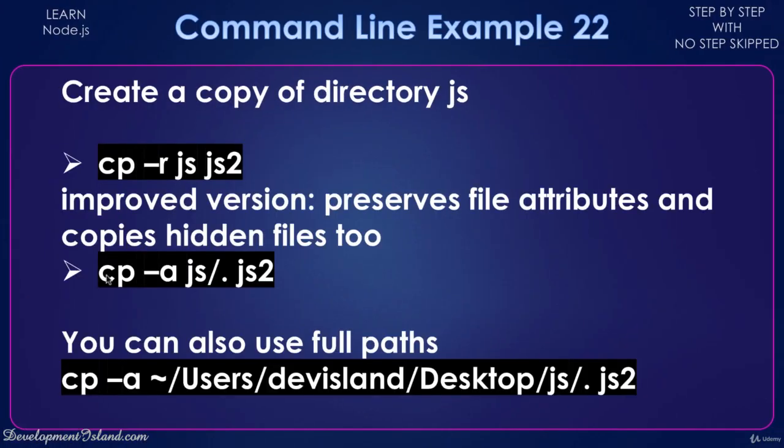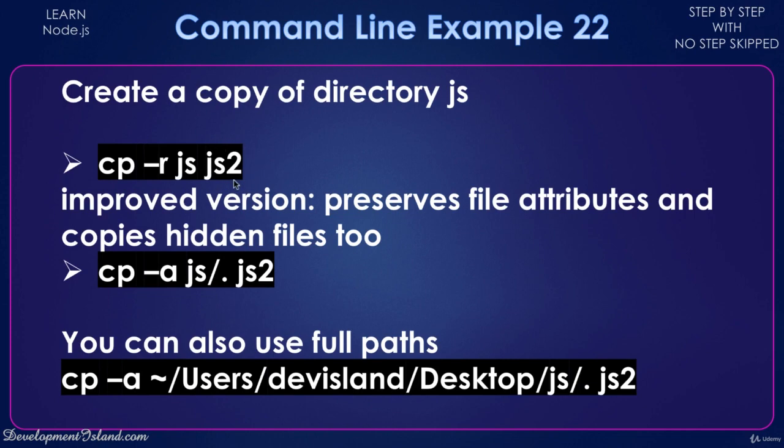Now let's move to the next one. You can also create a copy of a directory. To do that, you use the copy command with the R option. So this will copy the directory with everything inside it. That's the original directory and that's the new directory.